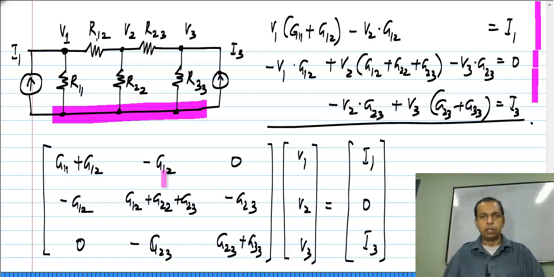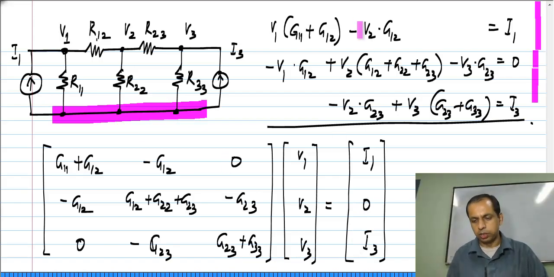Okay. There is nothing new in this. All I have done is written down these equations, this set of 3 equations in 3 variables, in matrix form. So, I have a 3 by 3 matrix times a variable vector equals the independent source vector. Okay.